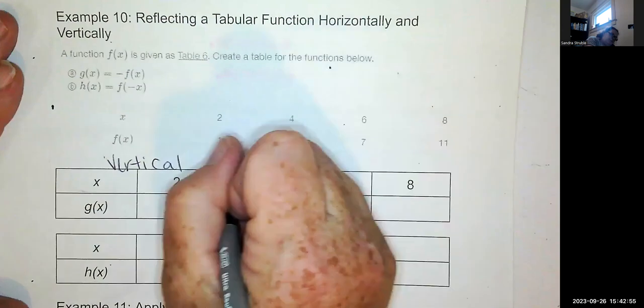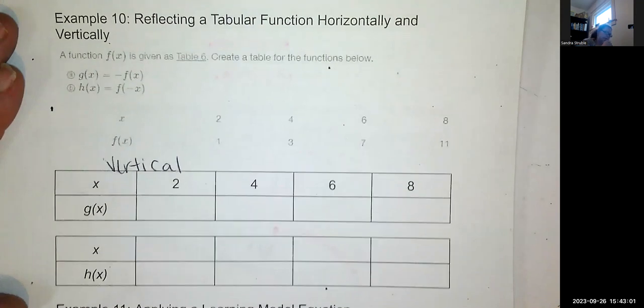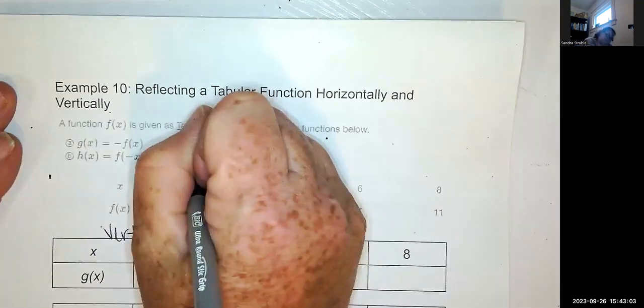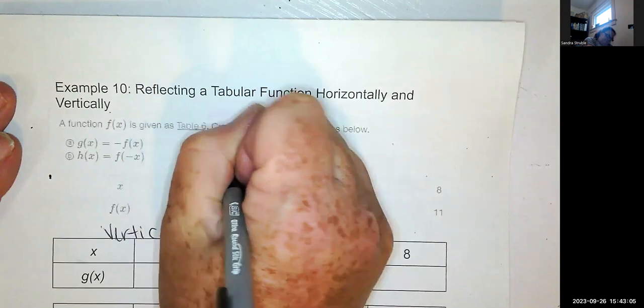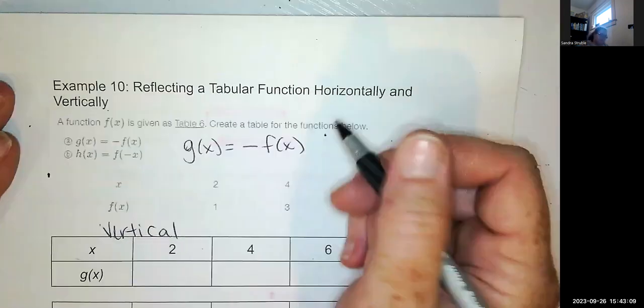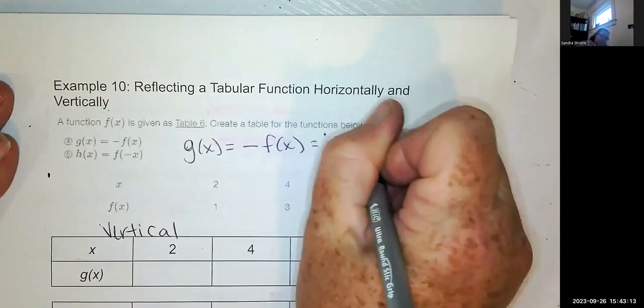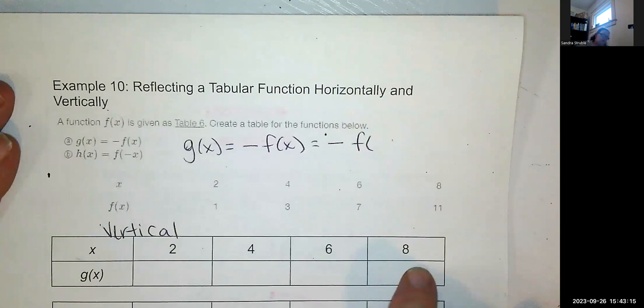And what you do with this one is, g of x is equal to negative f of x. And what we could say then is, well, that makes it negative f of whatever each of these values are.